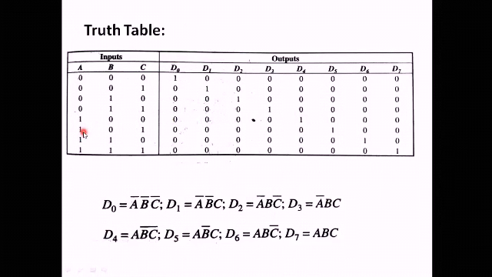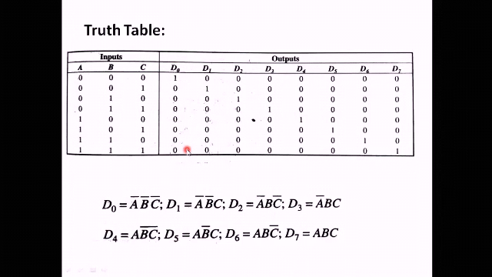Next is 1, 0, 1. So 5, that is D5 is selected. Others are 0. Next, this one is 1, 1, 0, that is 6. That is D6 is selected. Others are 0. Next 1, 1, 1, that is 7, that is D7 is selected, others are 0.